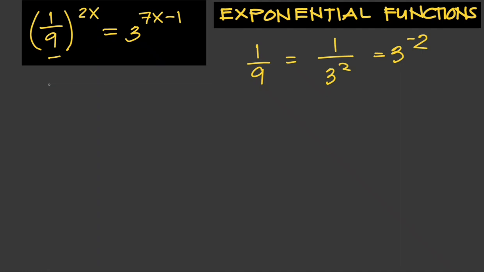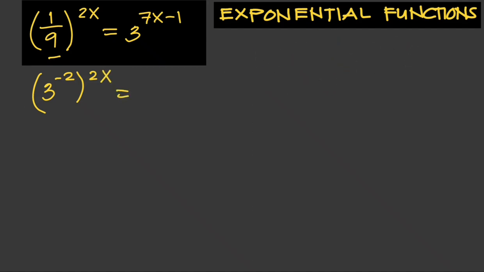So this would become 3 to the negative 2 to the power of 2x equals 3 to the power of 7x minus 1. By using the power of a power rule, we just multiply the exponents of 3 on the left.